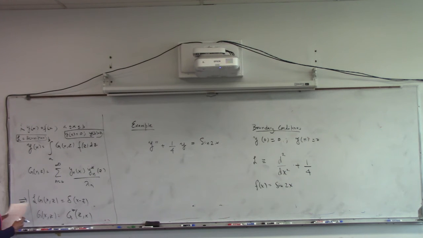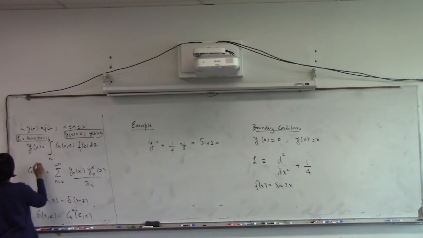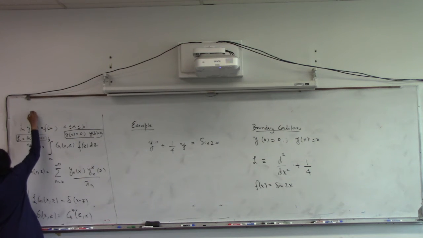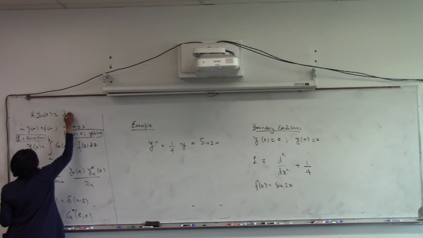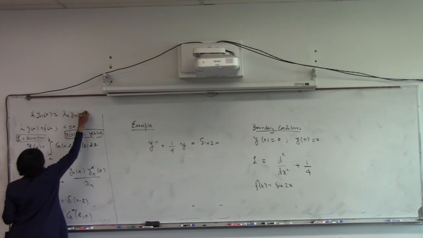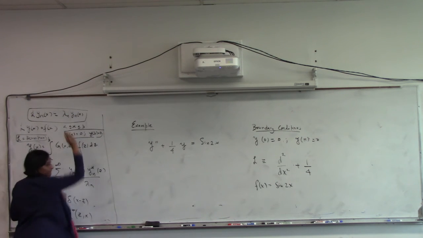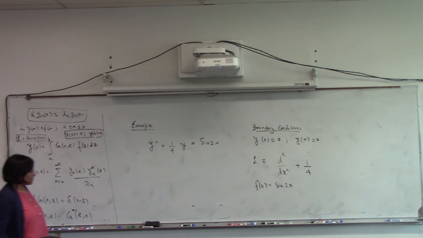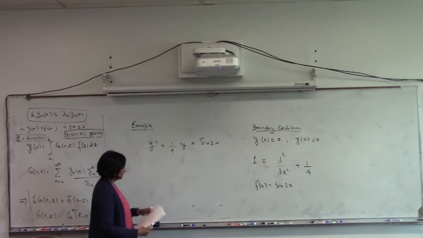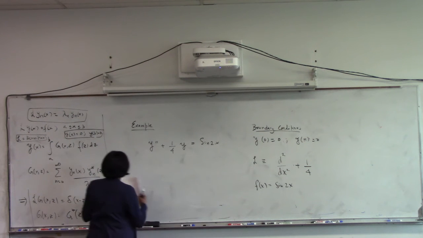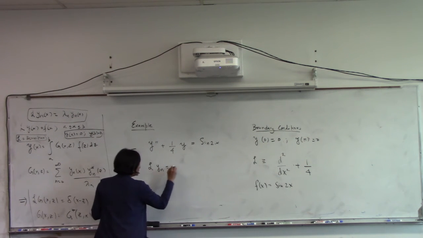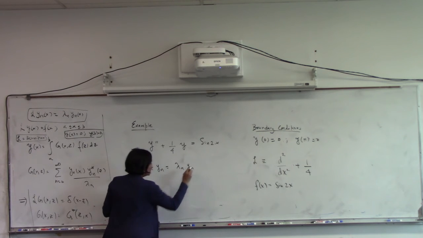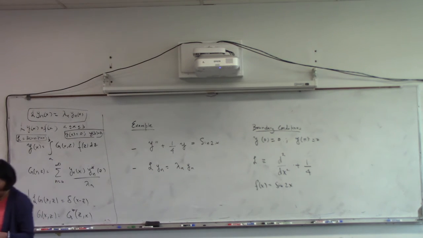So what is the next step? If L is Hermitian, I can write L y_n(x) equal to lambda_n y_n(x). I can do that, right? So the next step is to construct the eigenvalue equation for this differential equation.